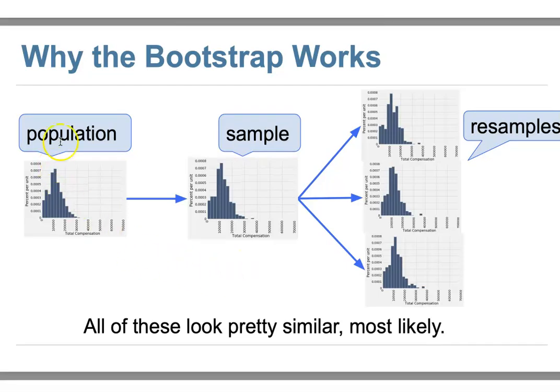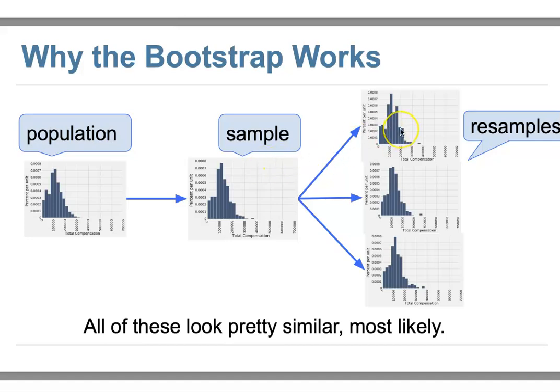So we have our population, but because of limited time and budget, we can only get one original sample. Using the bootstrap technique, we can create multiple resamples. Those resamples are the same size as the original sample, and we draw at random with replacement.